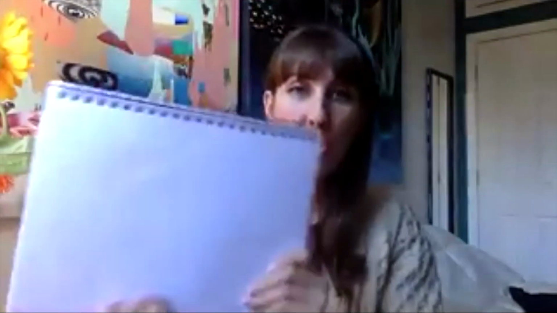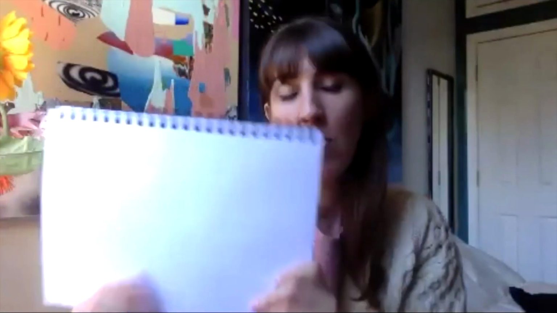Okay, so for this part of the lesson, what I want you guys to do is to make an abstract drawing or painting with whatever type of materials you have at home by listening to music, just like Wassily Kandinsky did. Okay, so let's take a look real quickly at that painting one more time before we get started.